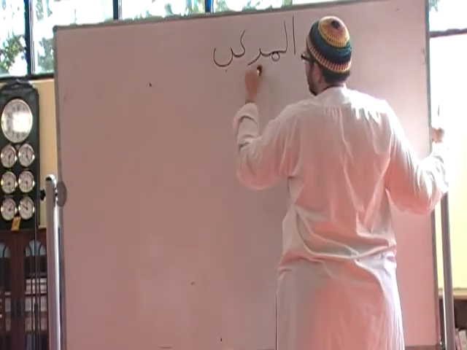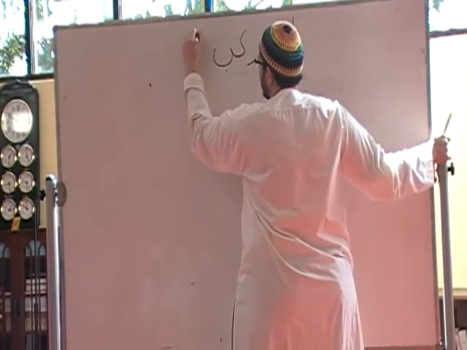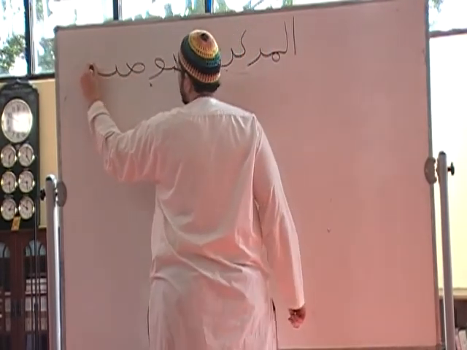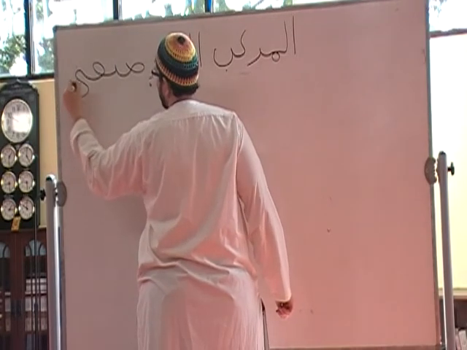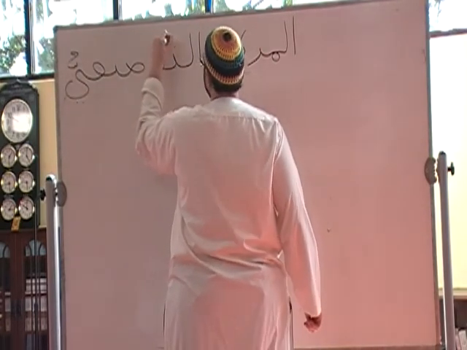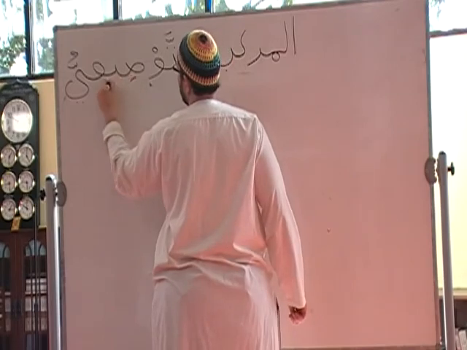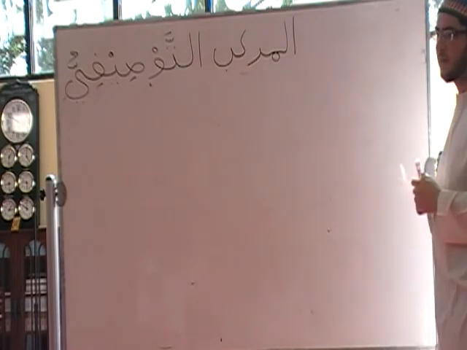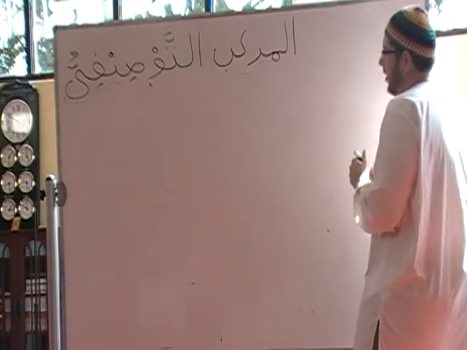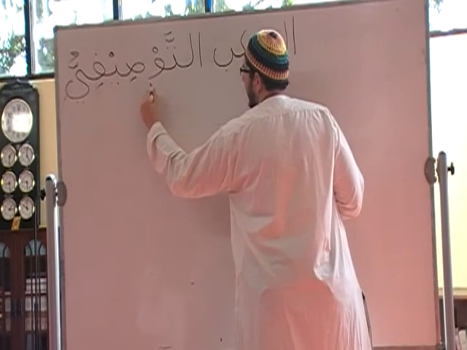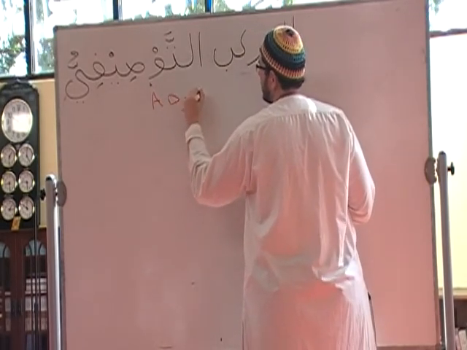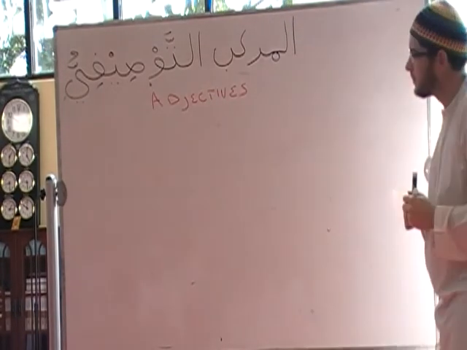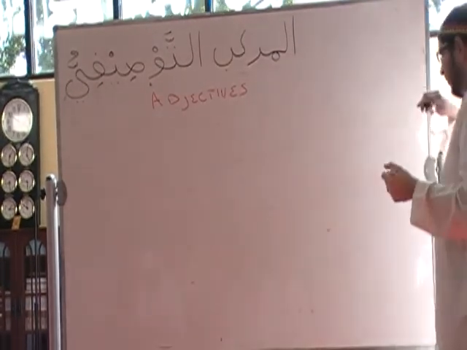I'm not going to put in the tashkil, because we've written them down before. Even the title itself is an adjectival compound. I'm just going to put adjectives. Adjectival compounds, chapter 13 of the book.